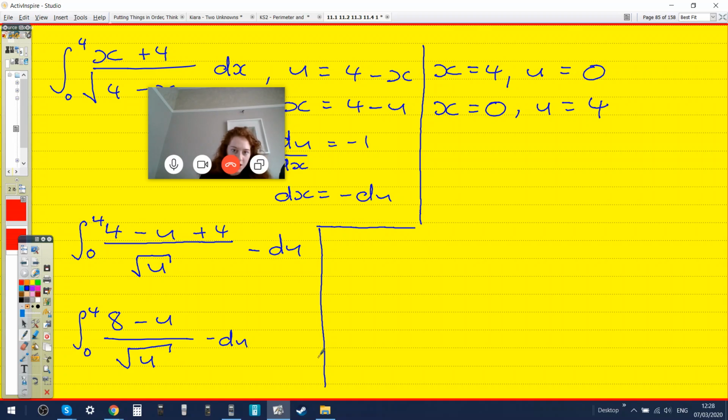Do we need to integrate that now? You could. Let's make it a bit simpler if we can. Square root of u. It'll be just u to the power of a half. Yeah. And so you could write that as 8 over u to the half minus u over u to the half, then du.